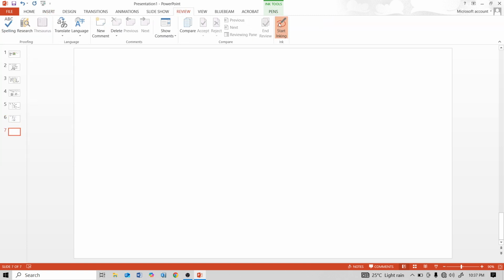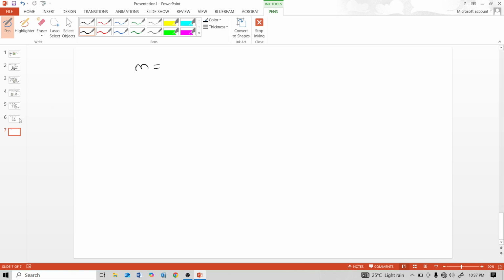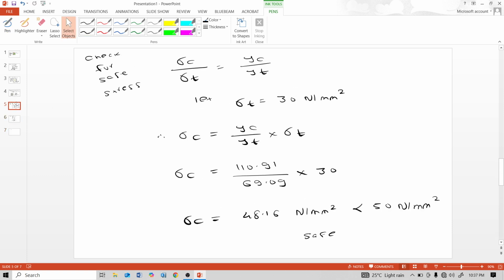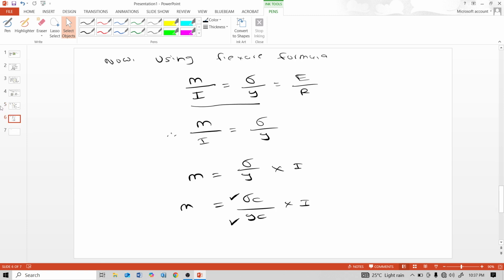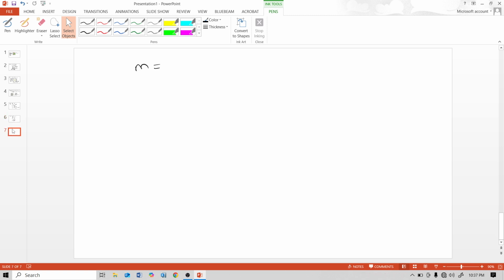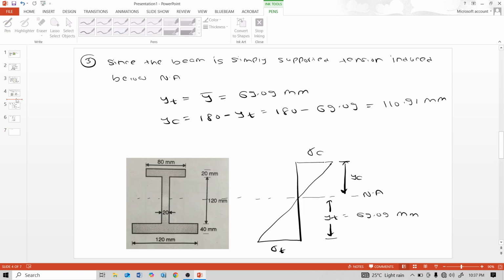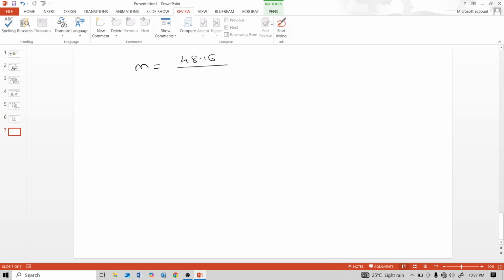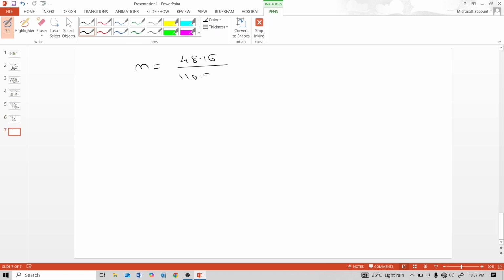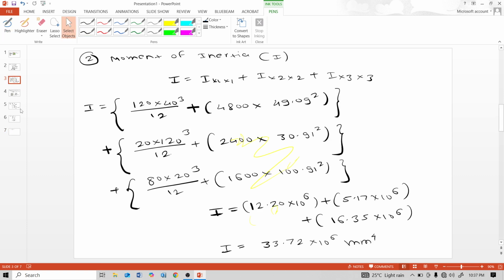So M is equal to sigma c, which is 48.16, divided by yc, which is 110.91, and multiplied by the moment of inertia, 33.72 into 10 raised to 6.